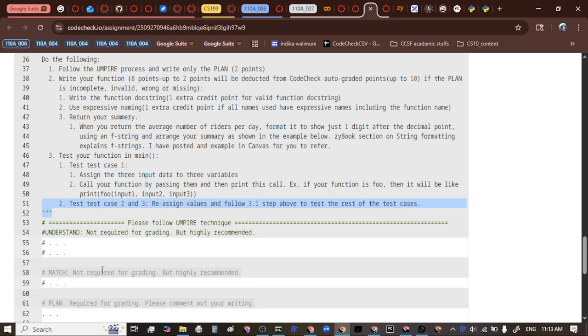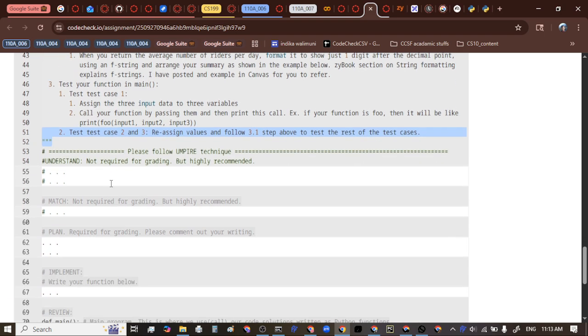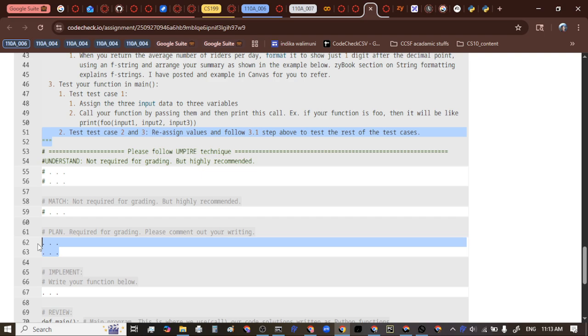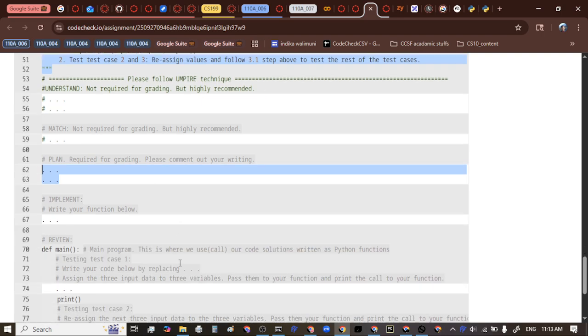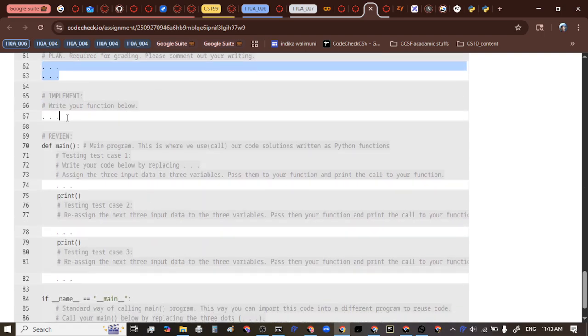I recommend using the understand step and doing some work out here and then putting in the match, but they are not required, just highly recommended. You need to have the plan though. Right here you write def, your function name. You pick whatever you want, but make sure it's expressive. Then you implement.